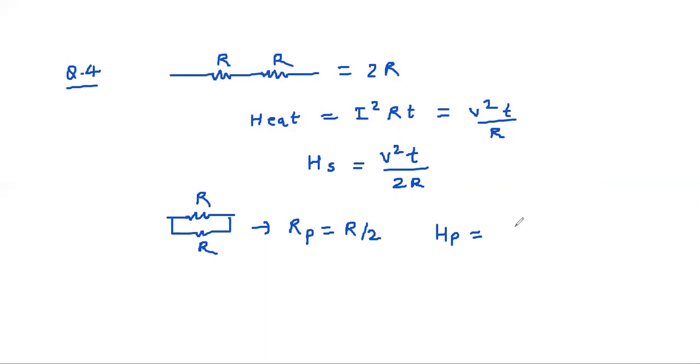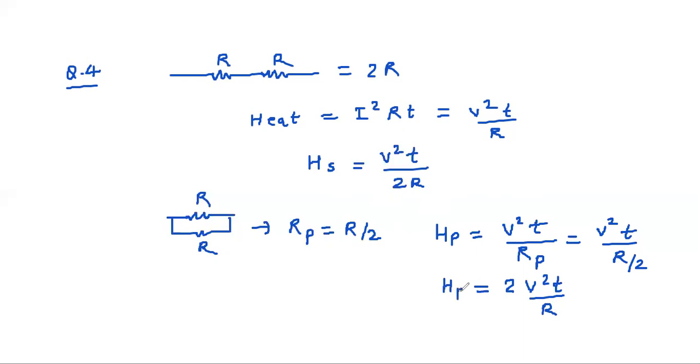So, same formula we apply, V square T divided by R equivalent, so RP. So, this will give V square T divided by R by 2. That is 2V square T divided by R. So this is heat produced in parallel.